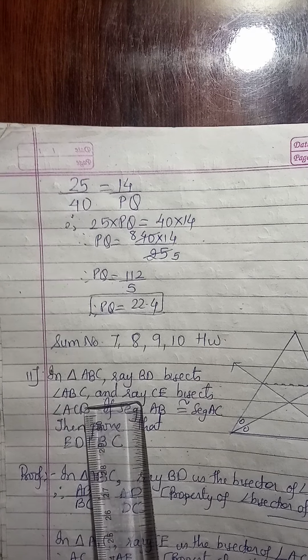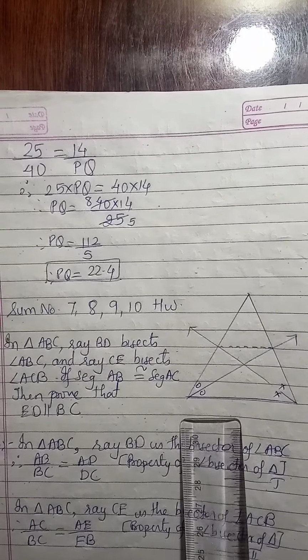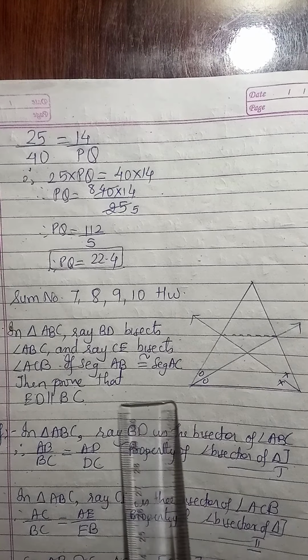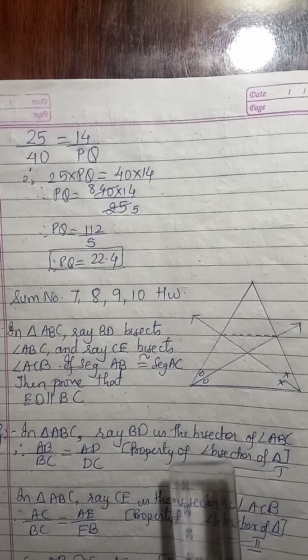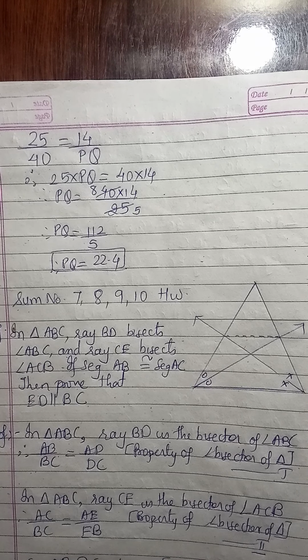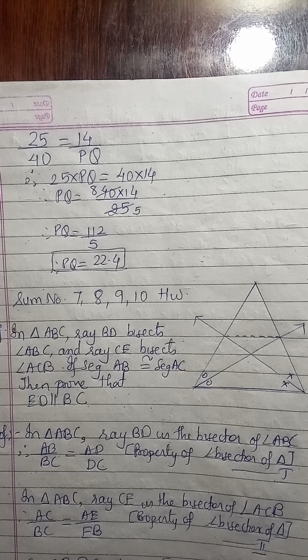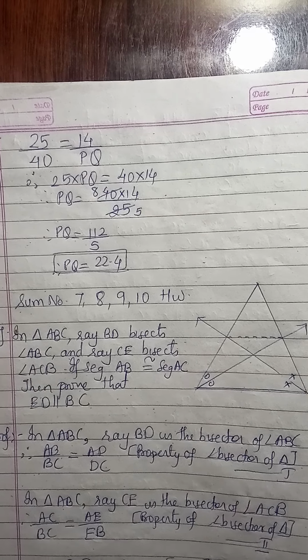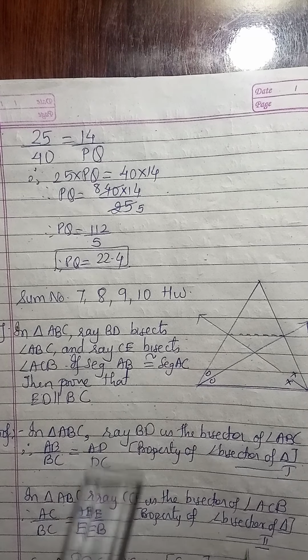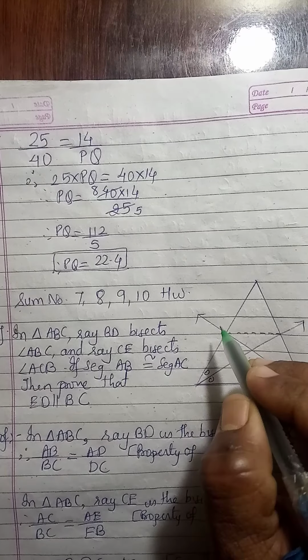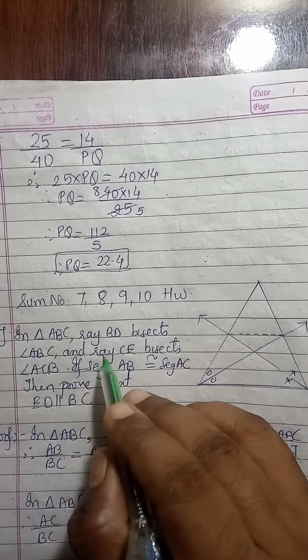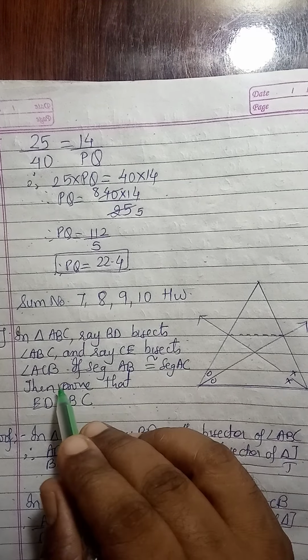In triangle ABC, you can see the diagram here. In triangle ABC, BD bisects angle ABC and ray CE bisects angle ACB.